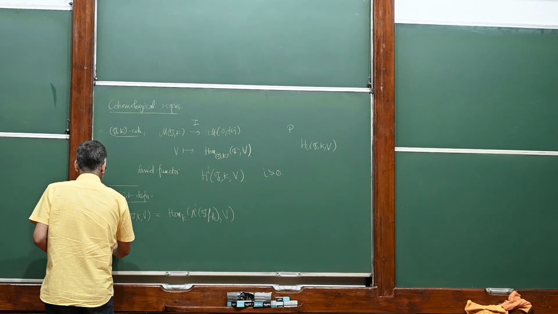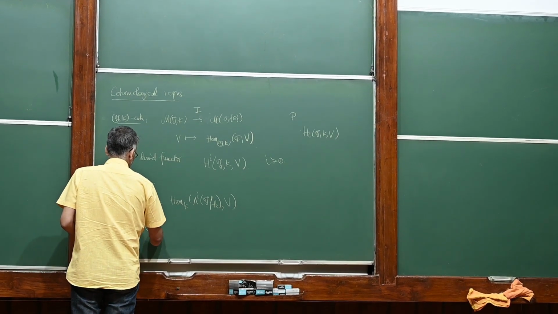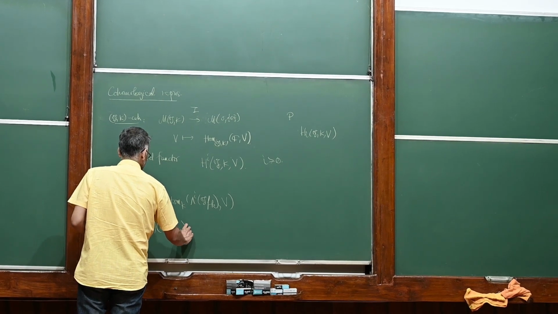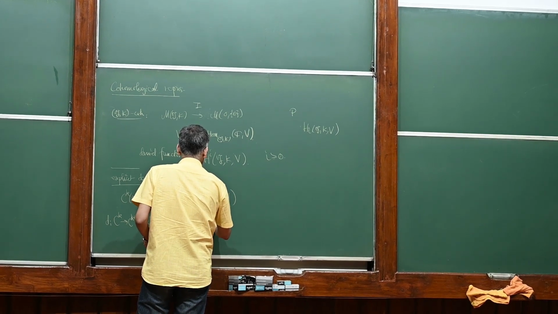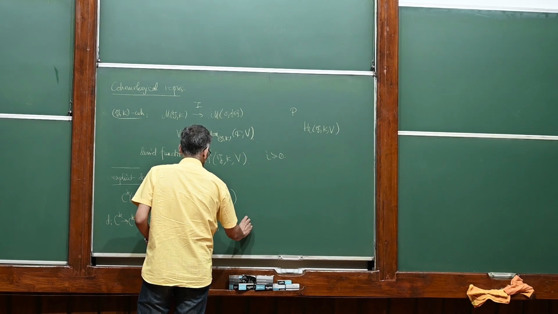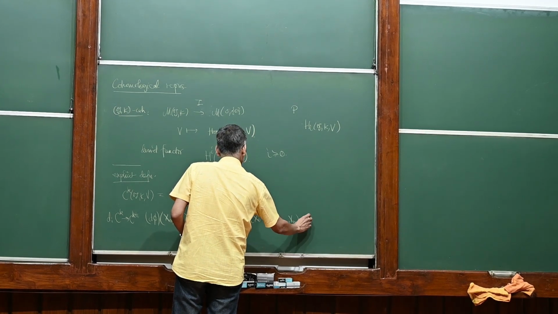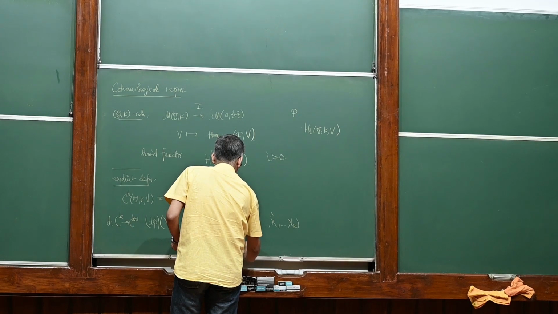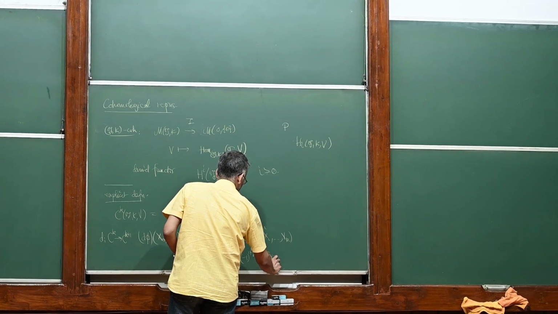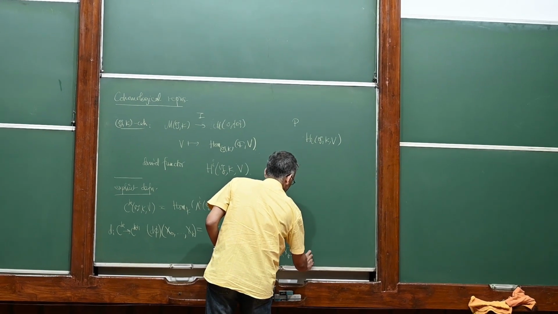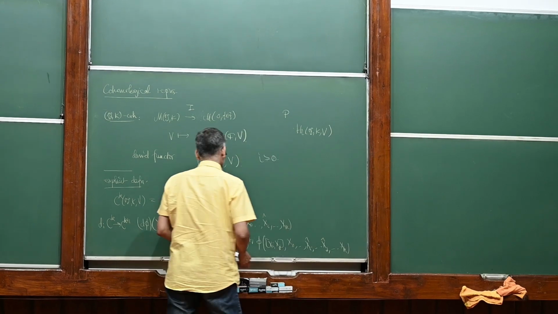And there's a differential from C^k to C^{k+1} defined by a formula which, for those who have seen it, is usually the first definition given.